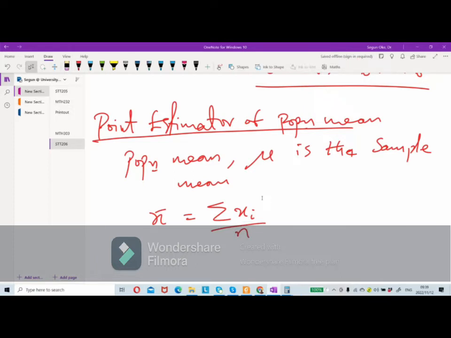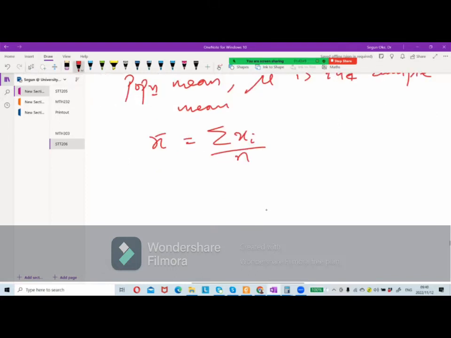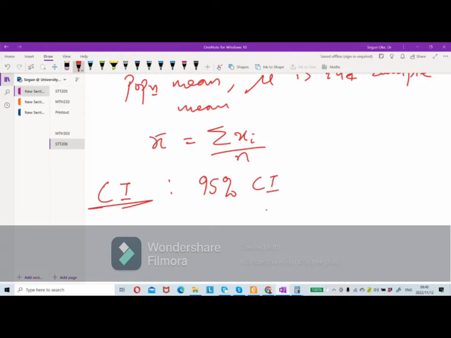But don't forget, we have also, for the confidence interval, the way I explained the last time, I don't know whether you still recall. For the confidence interval, we have a 95% confidence interval for a population mean from large enough sample.